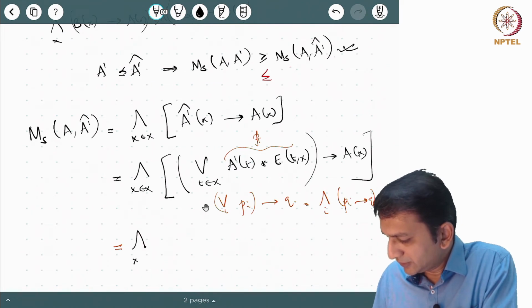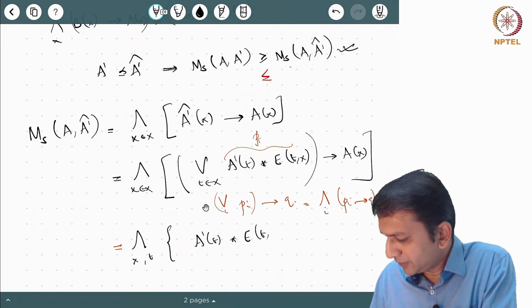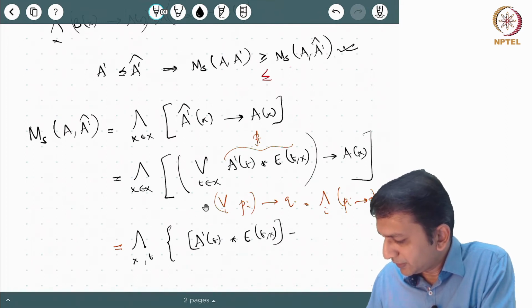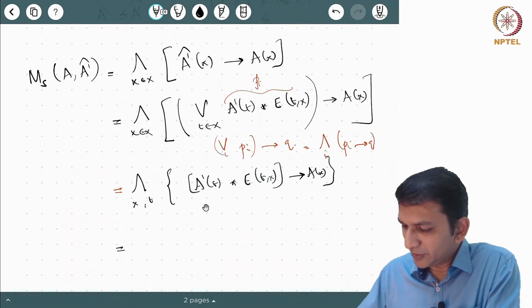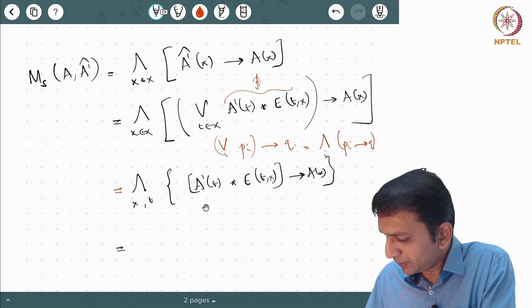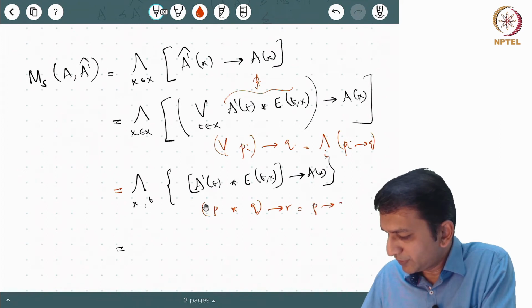the infimum over x and the infimum over t of a dash of t star e of t, x implies e of x. Now we are in the residuated lattice structure, so we also have this property, taking this as p and q: p star q implies r is equal to p implies (q implies r).